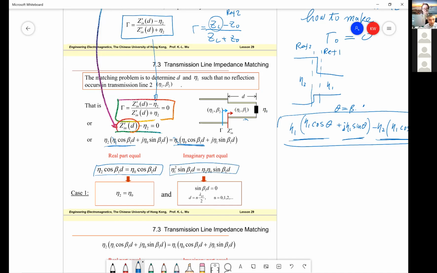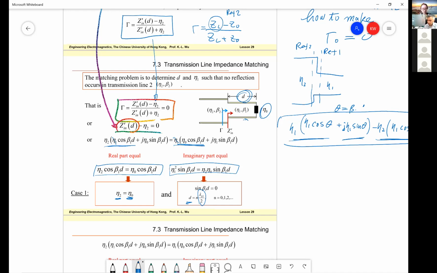Okay, so to satisfy these two conditions, we have two scenarios. Case 1 is if eta 2 equals your load, and the length of d is half a wavelength or an integer number of half wavelengths, because after half wavelengths the impedance repeats, right?